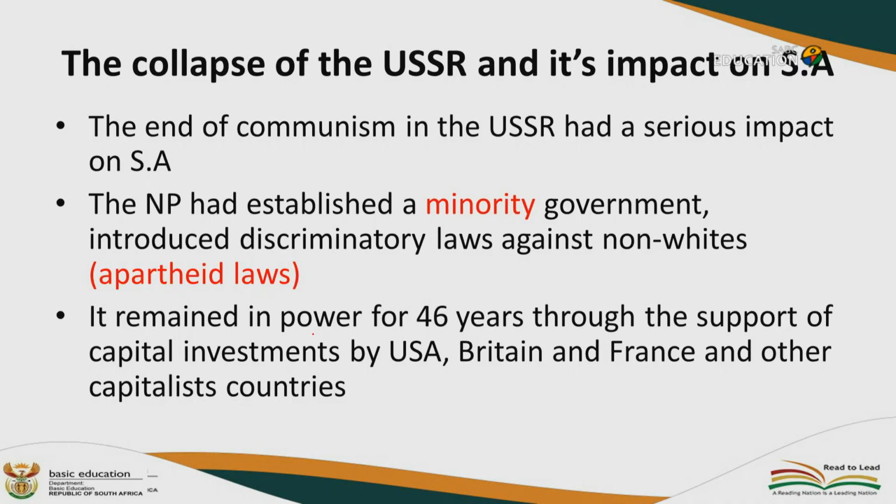Now we need to understand that Russia is on the brink of collapsing. Communism is ending within Russia, and the Cold War is about to end at the same time. The end of communism in the USSR had a serious impact on South Africa. Take note: it had a serious impact on South Africa.